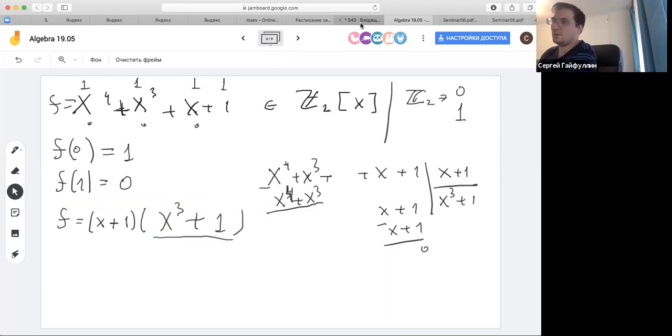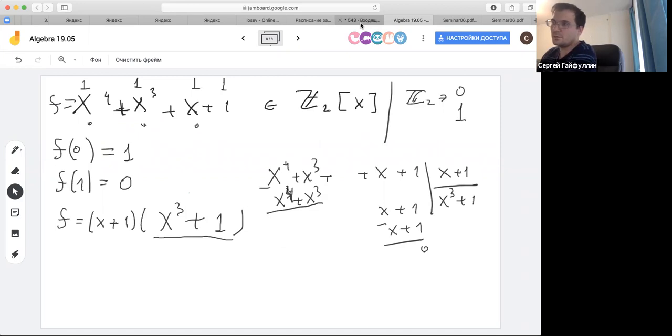Okay, we understand that if it is decomposable, then it has a root. Let's try. We understand that 0 is not a root of this polynomial because 0 is not a root of f. So the only possible root is 1.